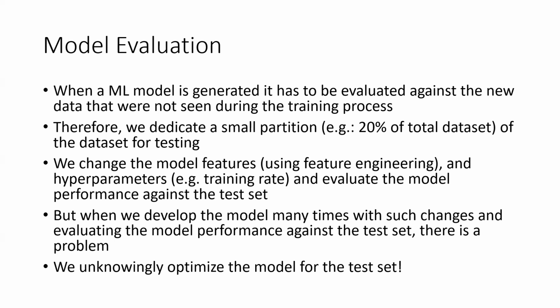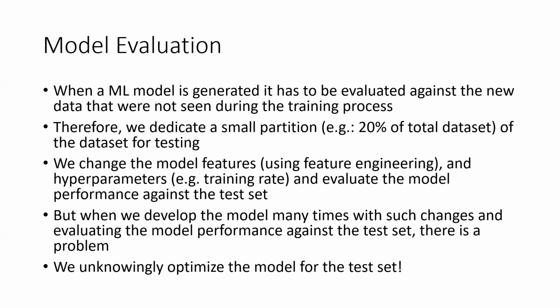So we are trying to keep the test set as a very independent and unblemished virgin data set for testing or evaluating the models. But now, because we are testing many models and we are trying to reduce the error in the test set, we are making changes in the hyperparameters and so on, and we are trying to reduce the error again and again to reduce the test set error.